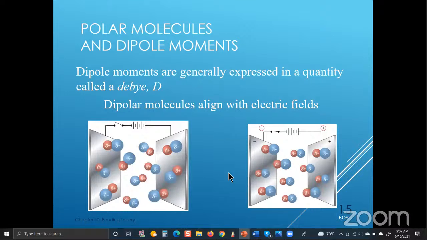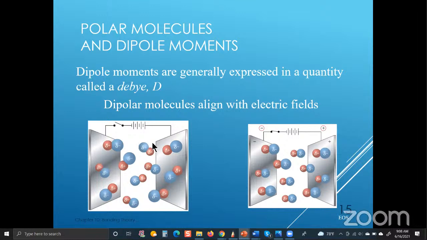One property of polar molecules, such as hydrogen chloride, is that they are affected by an electric field. In fact, they will align with an electric field. Look at this setup, where you have an external circuit equipped with a switch and an electricity source, connected to two electrodes, one positive, one negative. What's going to happen when you close the switch?